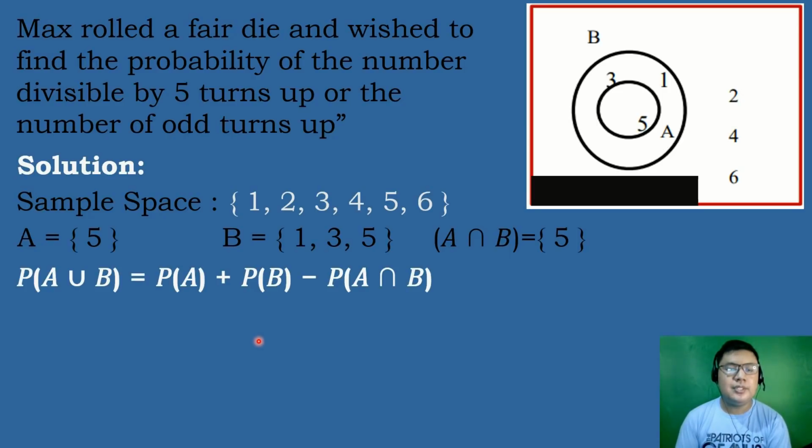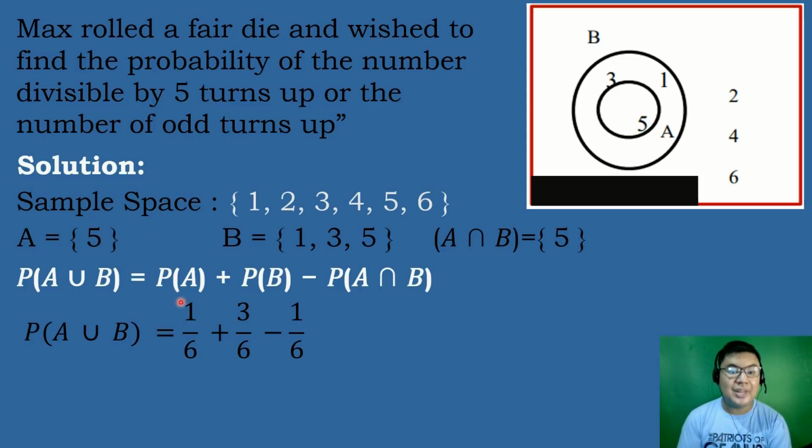And we will be using the formula: the probability of event A plus the probability of event B minus the probability of event A intersection B. So we'll be substituting. For the probability of event A, the sample space is equal to 6, and the event outcome is 5.